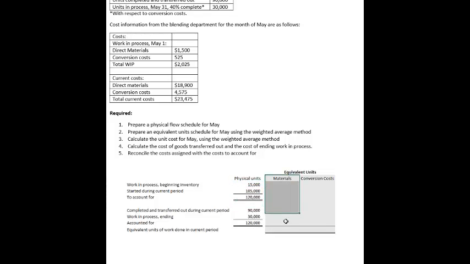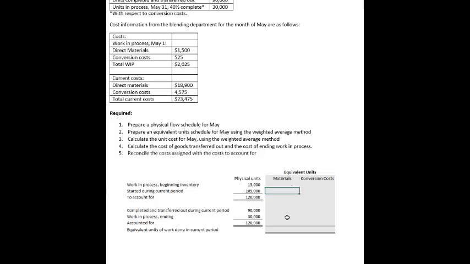Okay, but when we look at the equivalent units, it's going to be different for materials than it is for conversion costs, because materials are all added at the very beginning of the process. So these 15,000 units that were sitting in a container at the beginning of the month, and remember, what we're looking at here is equivalent units for the month of May. Those units that were sitting in the vat, we didn't add any more material for them.